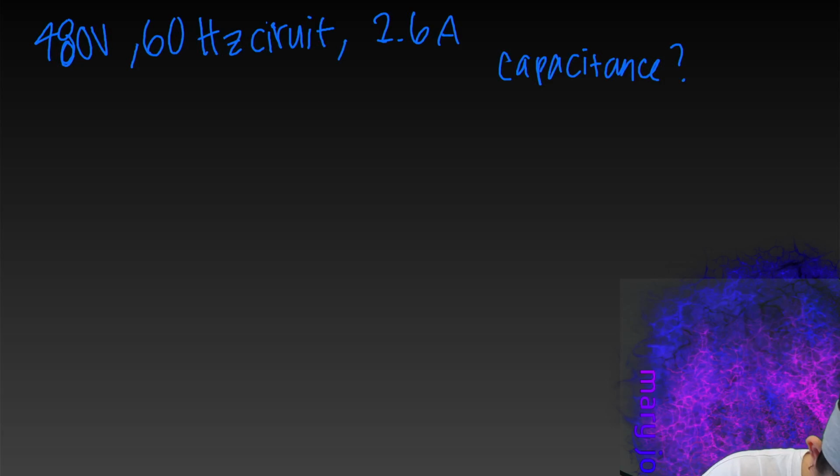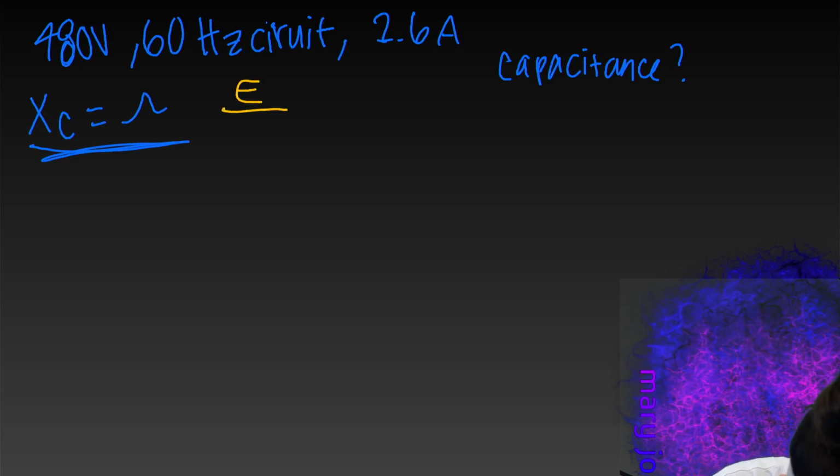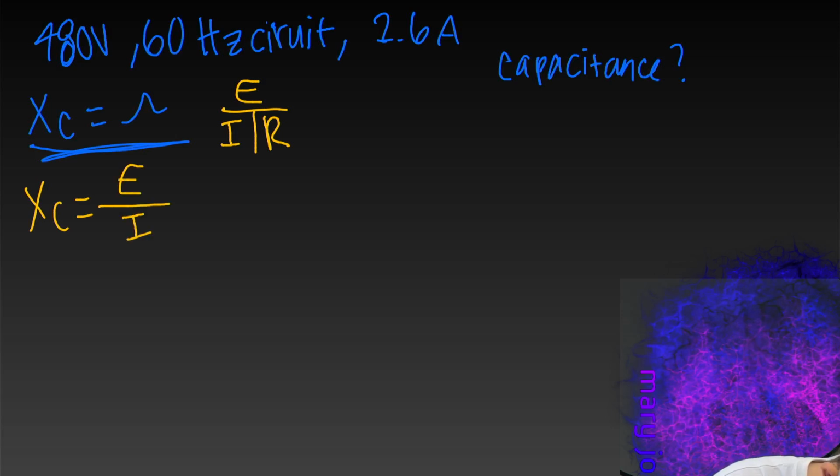So we already know that capacitive reactance equals ohms, right? So we know XC is measured in ohms. Or we don't know ohms, we know current and we know voltage. So all we have to do is say XC equals E over I, and our I and E is given.